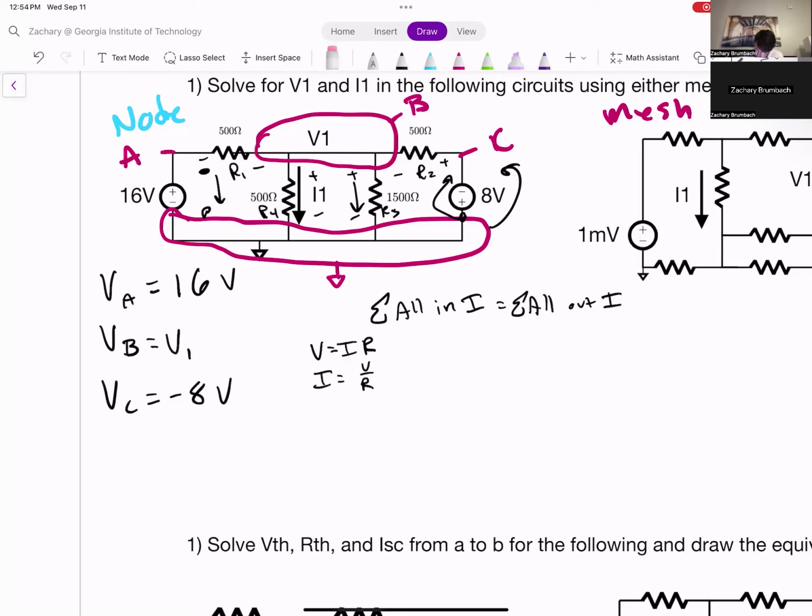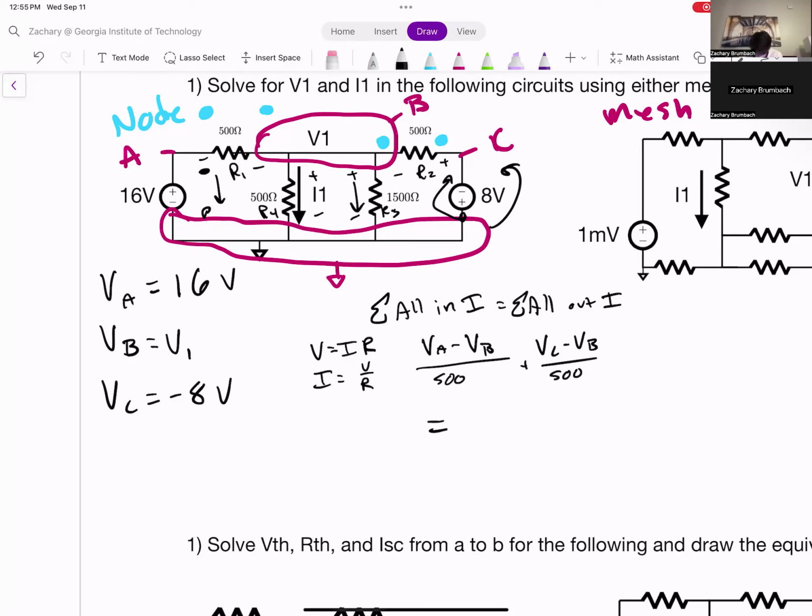Okay. The voltage from node A across the resistor is VA minus VB. That's the voltage across that resistor divided by its resistance, 500 ohms. Plus, going over here, across this resistor from here to here, which is VC minus VB over 500.